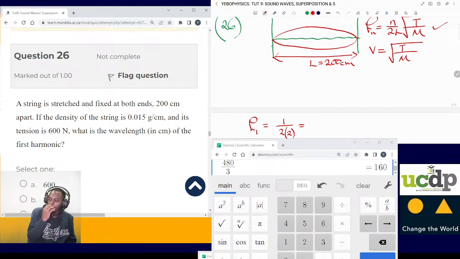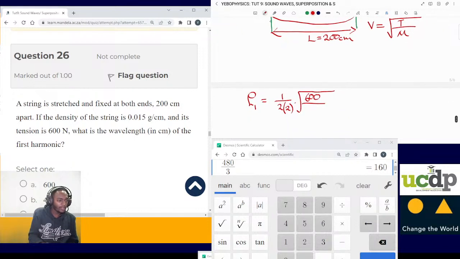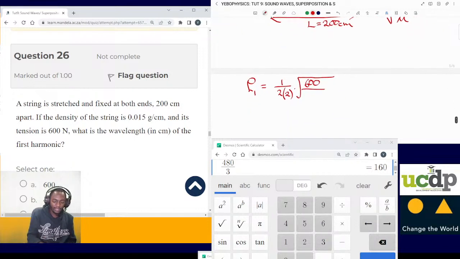We're going to convert back into SI units, right? Deal with SI units, then we'll convert it back to centimeters. Times the square root of T, which is the tension, which is 600, over our density, which has been given in gram per centimeter.